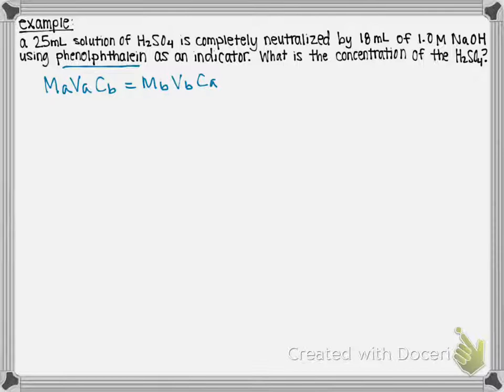So we need to write the balanced neutralization equation. So you've got acid plus base gives you salt and water. Your acid is H2SO4. Your base is NaOH. It will always give you water and a salt, Na2SO4.